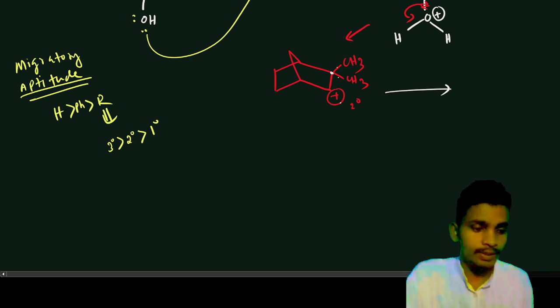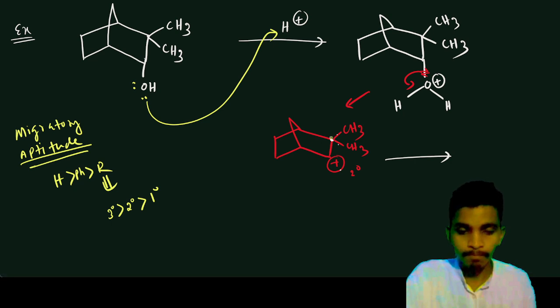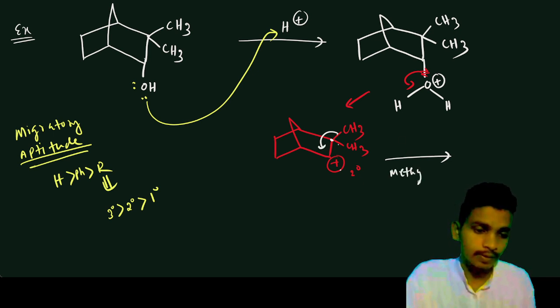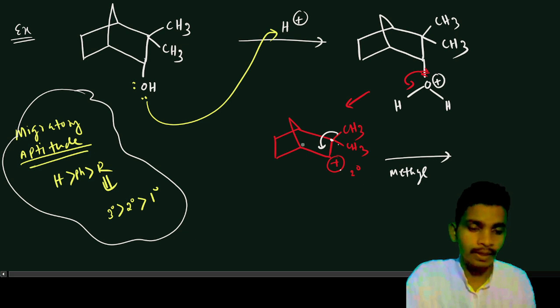So here also the same thing. But since this is already in the ring bond, the methyl shift will occur here. This is the migratory aptitude order, but since it is already in this ring, the methyl shift will occur.